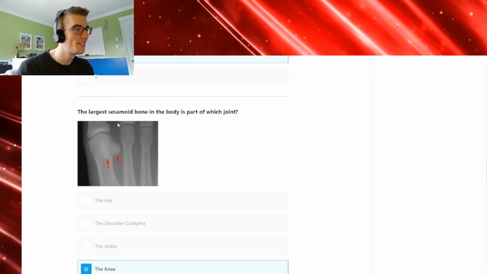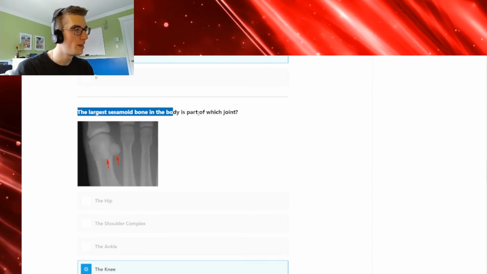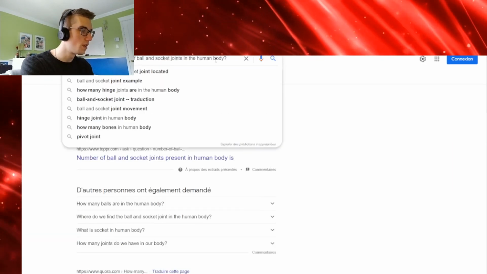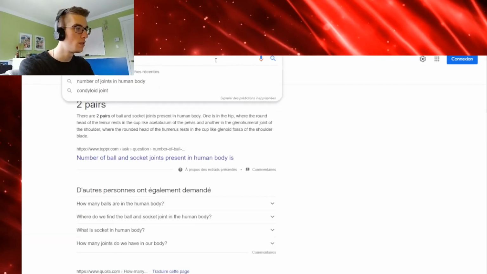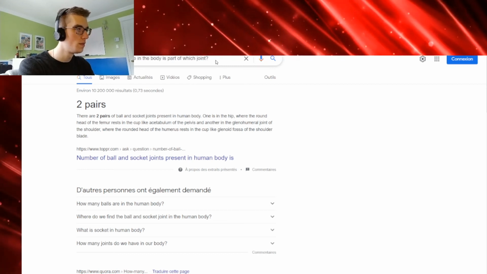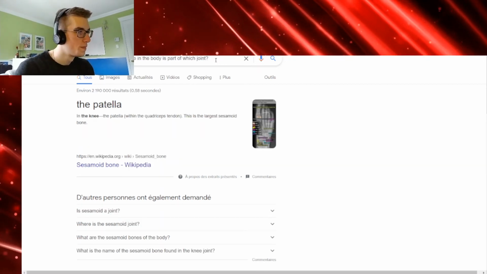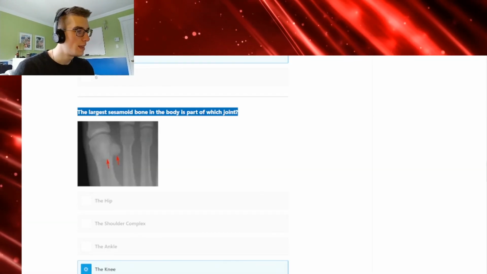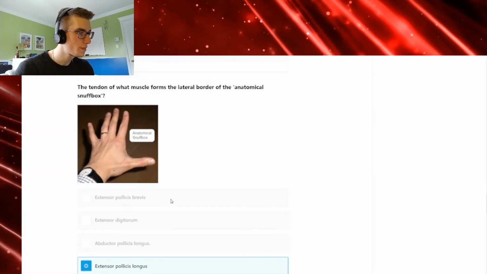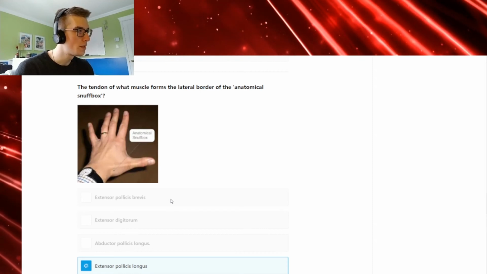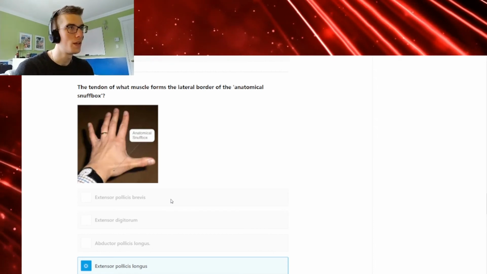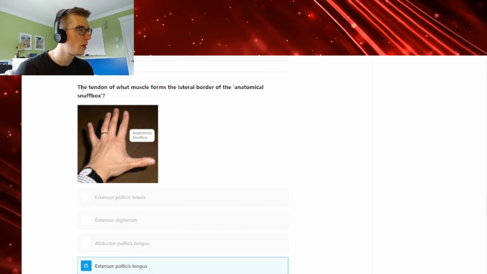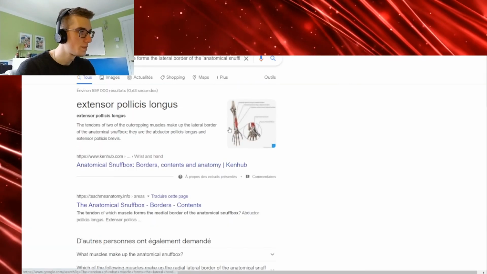The largest sesamoid bone is part of which joint? It's the knee. I'm pretty sure of that one, actually. The patella in the knee. There you go. The tendon of which muscle forms the lateral border of the anatomical snuffbox?